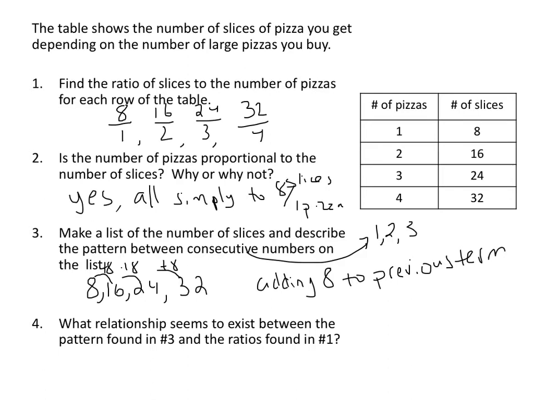So what relationship seems to exist between the pattern found in number 3 and the ratios found in number 1? Well, each time here we are adding 8, and if you look at the ratio that we simplified to in number 1 and number 2, it was 8 over 1. Well, 8 divided by 1 is 8.